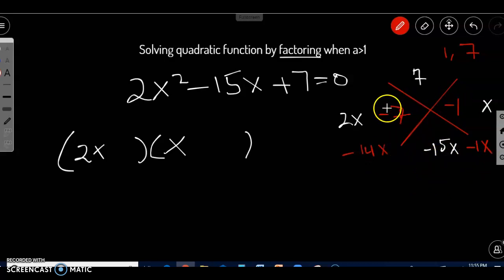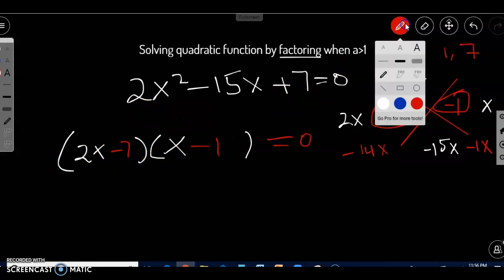So these two numbers here satisfy the equation, so we position them right here. We set it equal to 0, so we are able to find the factors. So these are the factors of this quadratic function, and then the solution.